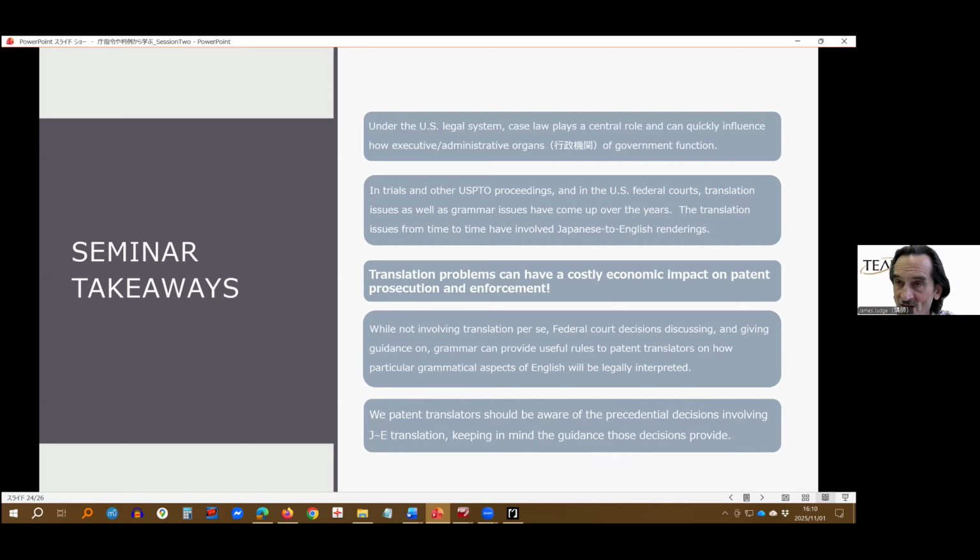These kinds of issues might not seem that important at the time, and you might not want to spend too much time on them, but it turns out they could be extremely important and have a huge impact on patent prosecution and enforcement.